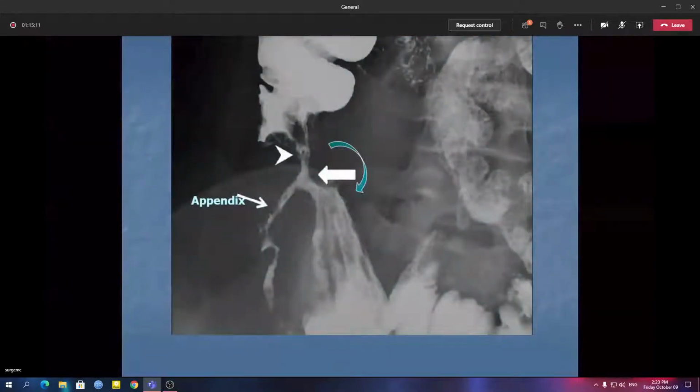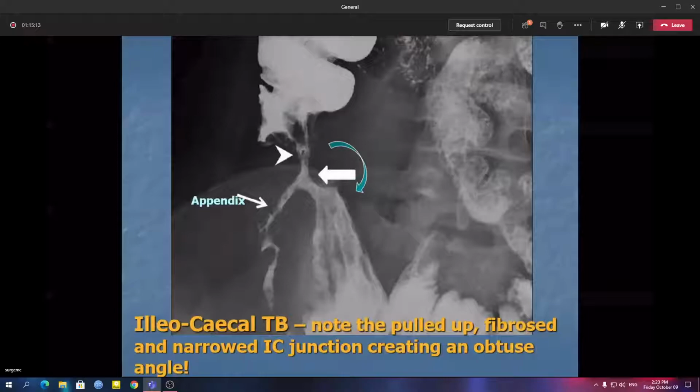This is an ileocecal tuberculosis, not generally given in undergrad exams, but you can see the small bowel opacified, dyes have mostly gone. This is the cecum going like this, this is ileum going down, ileocecal junction.